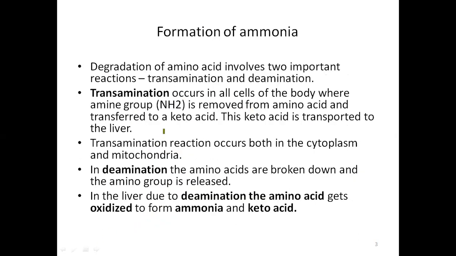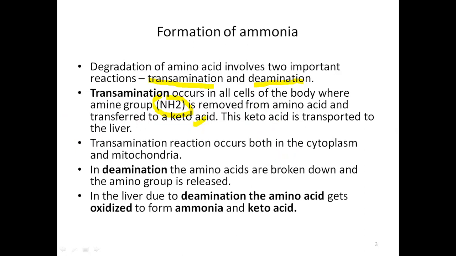Now let us come to the formation of the first nitrogenous waste product, that is ammonia. The formation of ammonia mainly takes place through two important steps. One is transamination, another one is deamination. What is transamination? Transamination is a chemical reaction where an amine group is removed from the amino acid and transferred to a keto acid.